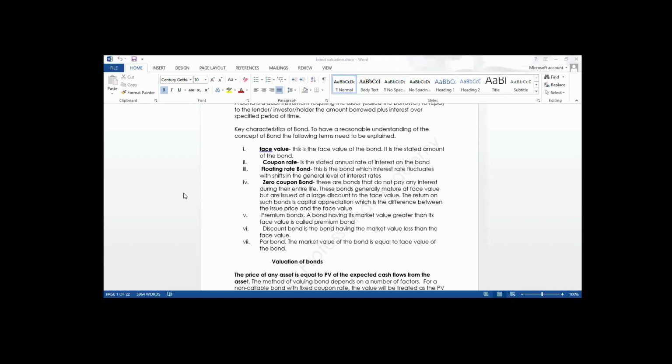Let's repeat that. Convertible bond, a debt instrument with conversion option. You have an option to convert to equity.